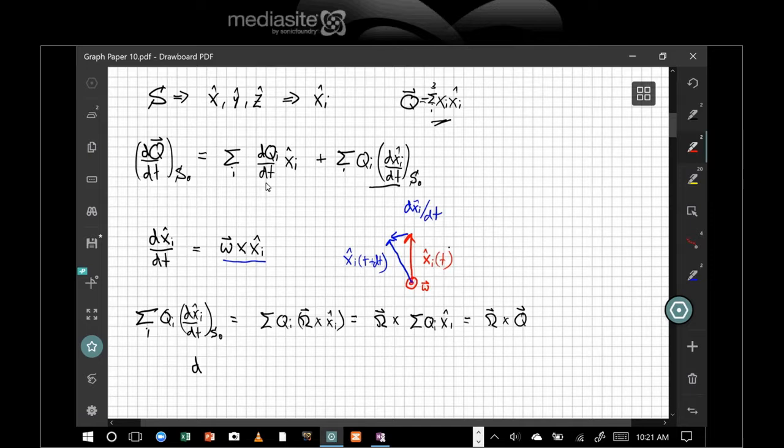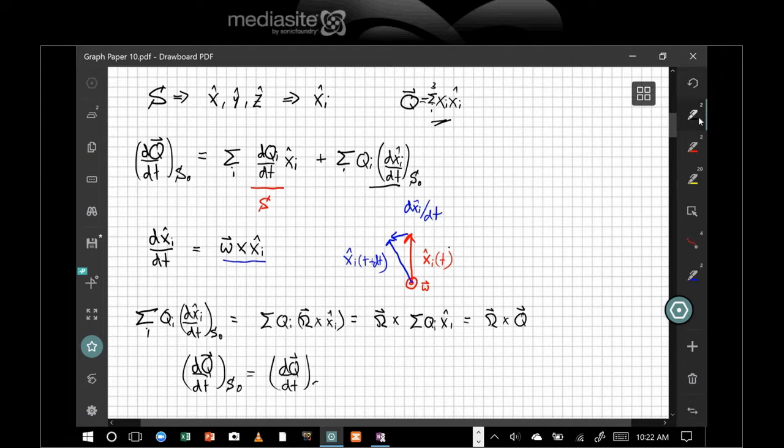The last thing I forgot to mention, this term here. We just looked at this term and showed it's equal to that. And what is this? Well, dq dt is just the rate of change of q in the S frame, since the xi hat is in the S frame.